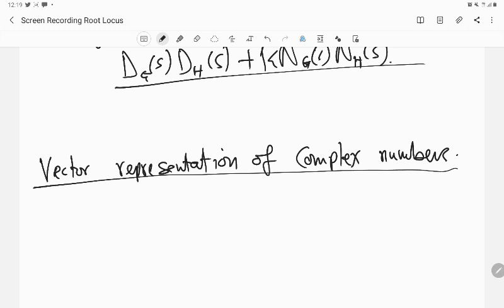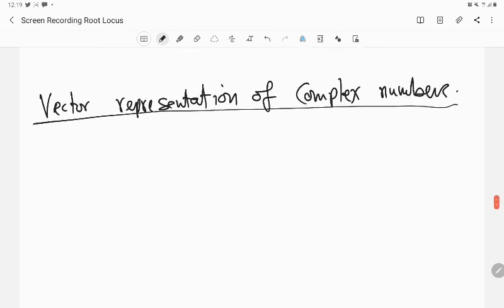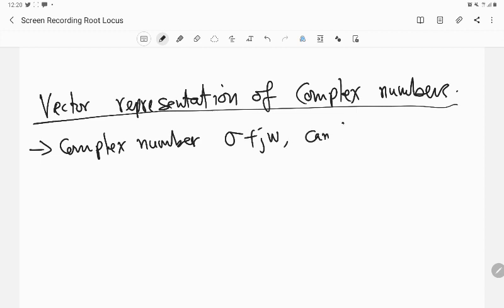So vector representation of complex numbers is very important. Let's take a complex number, sigma plus j omega. Okay, and this complex number can be represented as a vector.